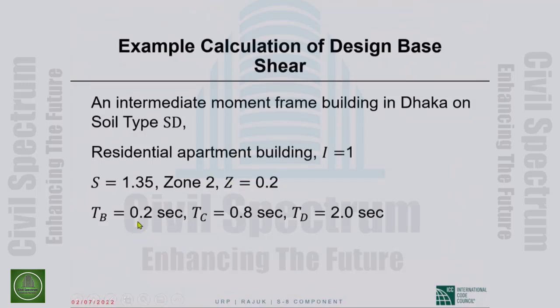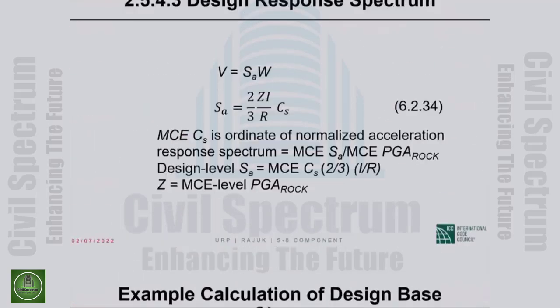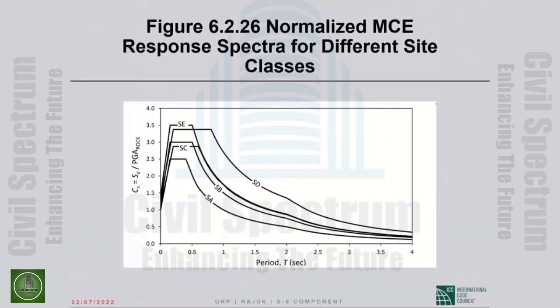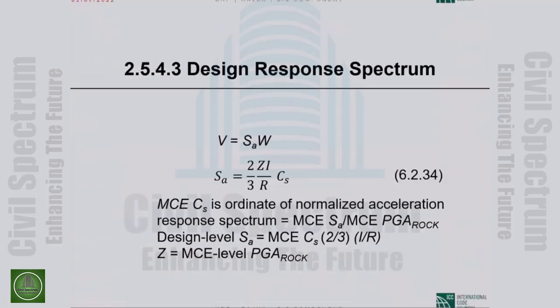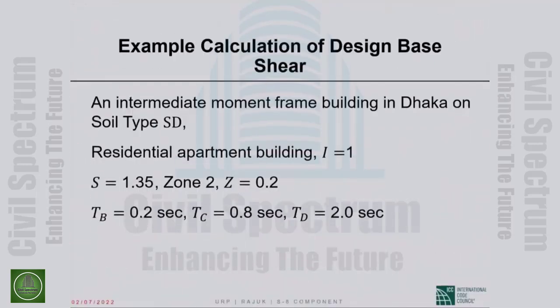TB, again from the same table. Dhaka SD: TB 0.2, TC 0.8, TD 2.